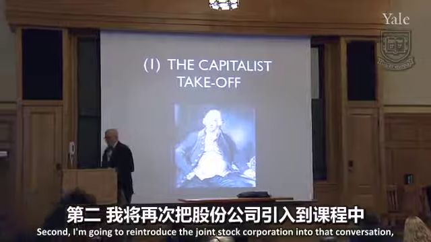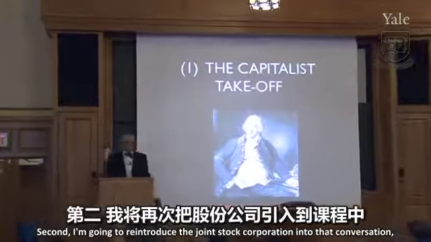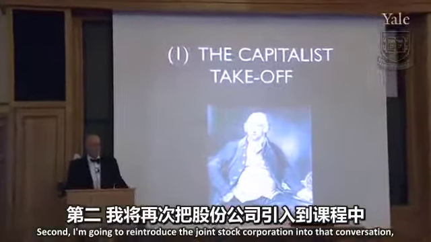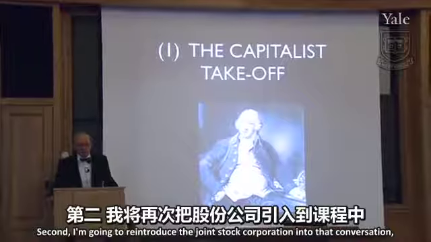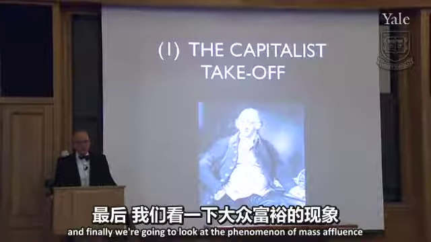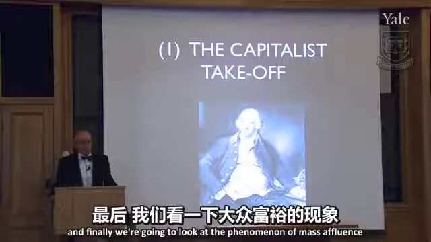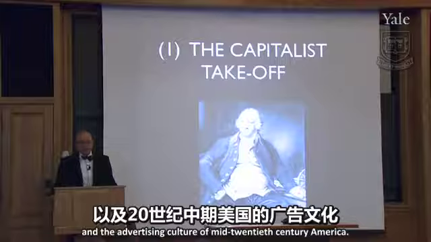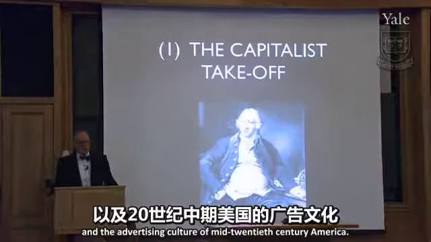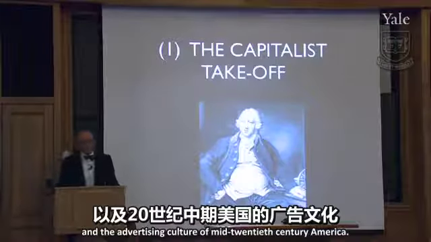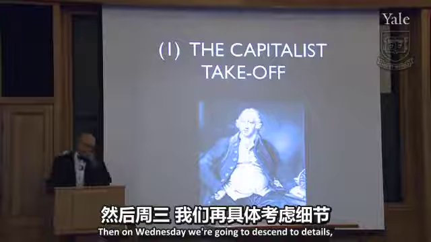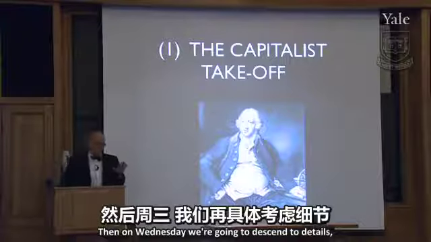Second, I'm going to reintroduce the Joint Stock Corporation into that conversation. And finally, we're going to look at the phenomenon of mass affluence and the advertising culture of mid-20th century America. Then on Wednesday, we're going to descend to details.